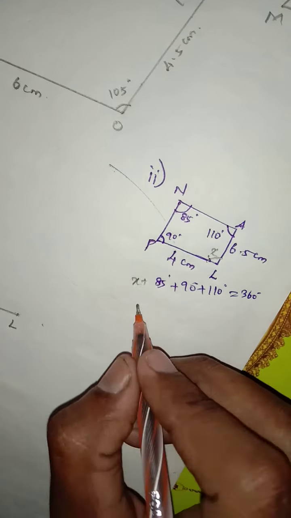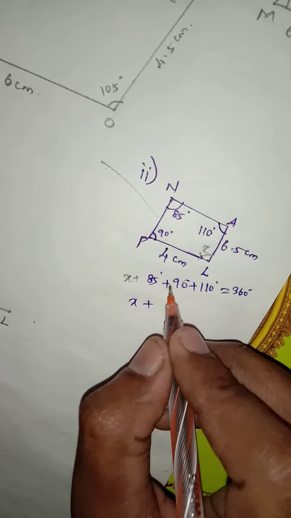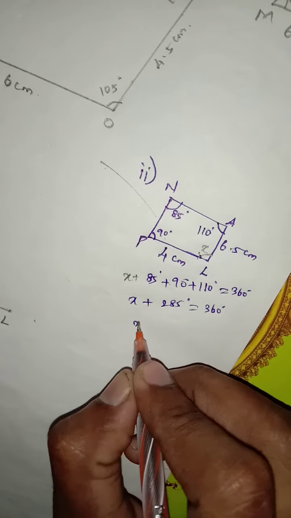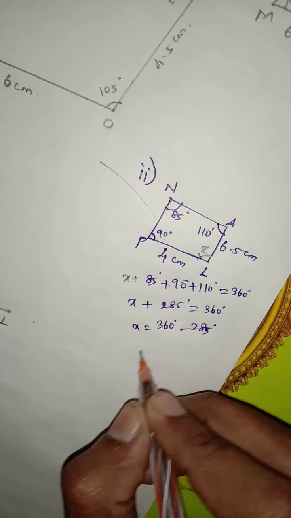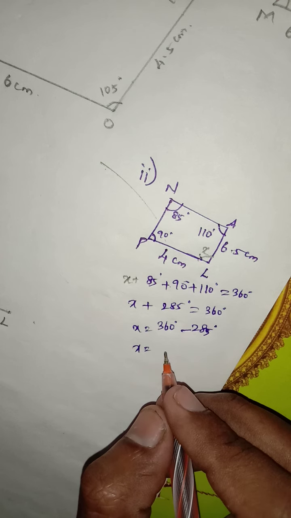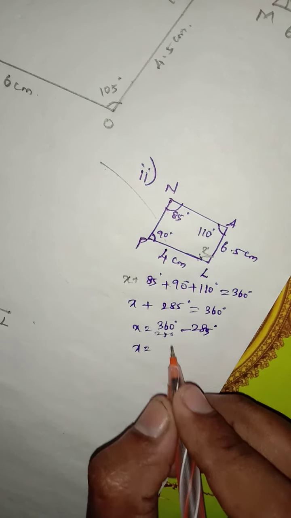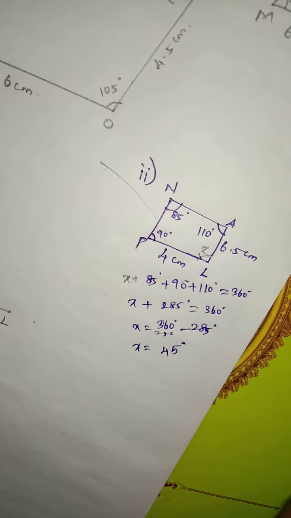So add all this and solve this linear equation. This is 285, so X plus 285 equal to 360 degree. X is equal to 360 degree minus 285. So how much will come? 360 minus 285 is... 45 degree.